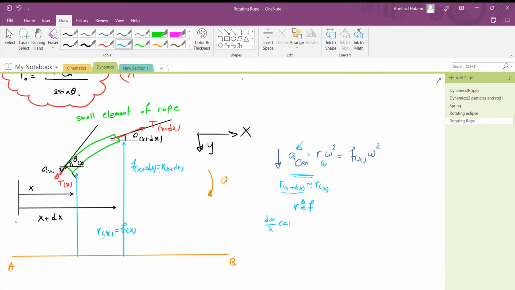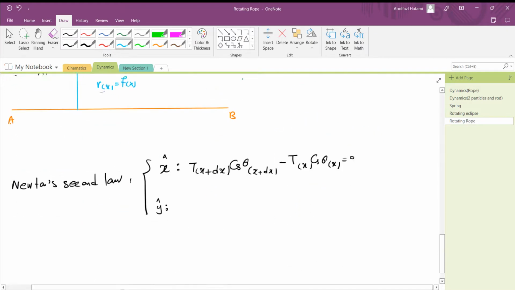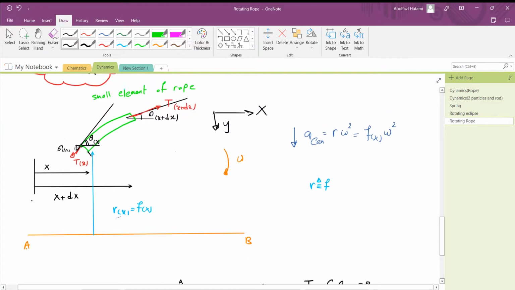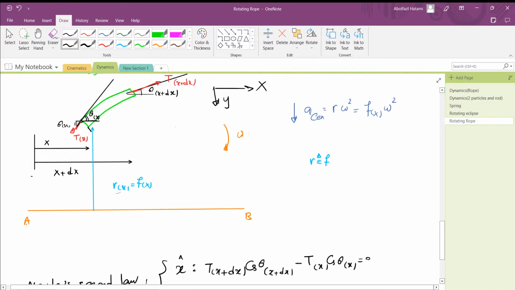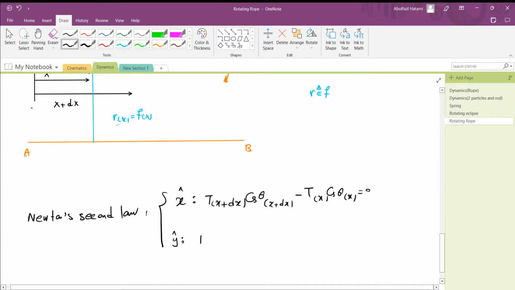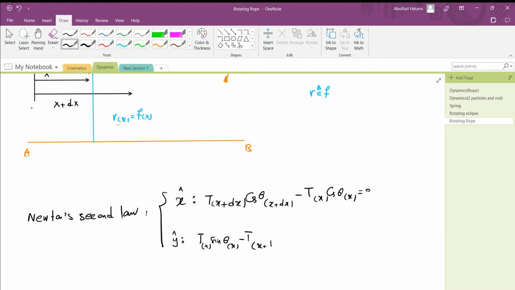So let me erase these. Okay, so if we want to write Newton's law in the y hat direction, I should write that we have T at point x sine theta of x minus T at point x plus dx sine theta at point x plus dx.